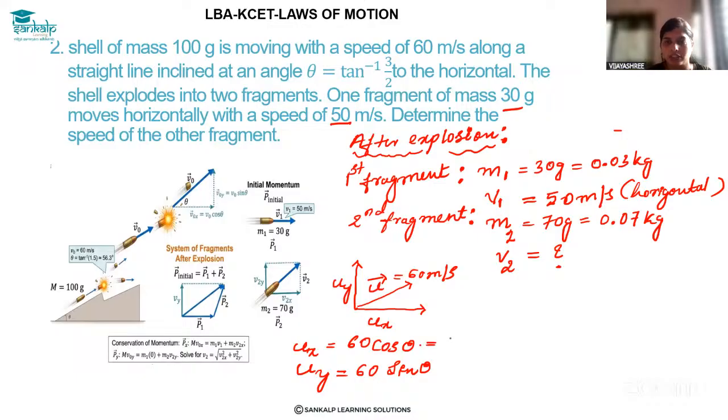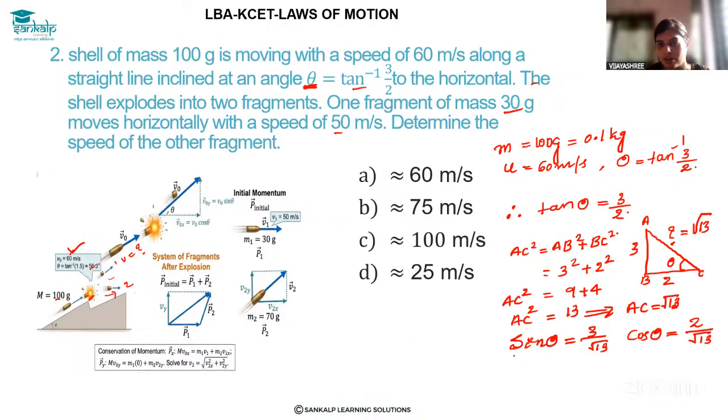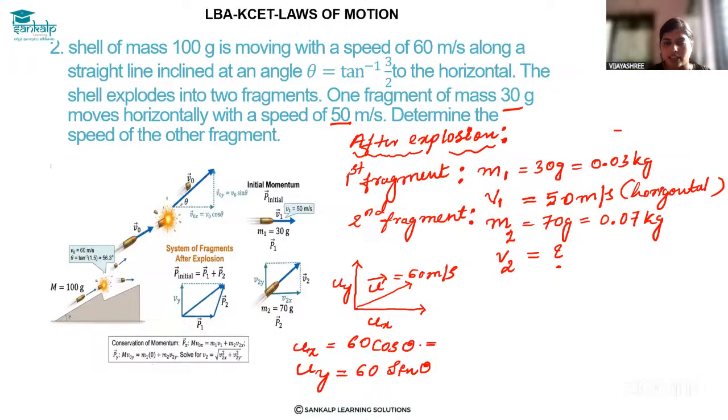Vertical component uy is 60 into sin theta. For 60 into cos theta, we saw previously that cos theta is 2 by root 13. So 60 into 2 by root 13.